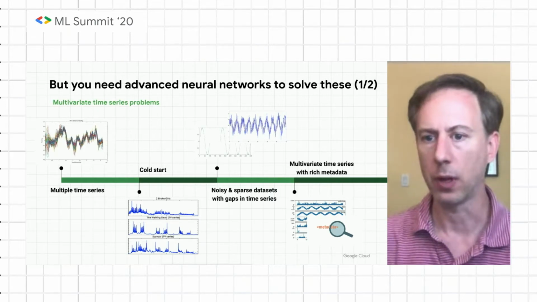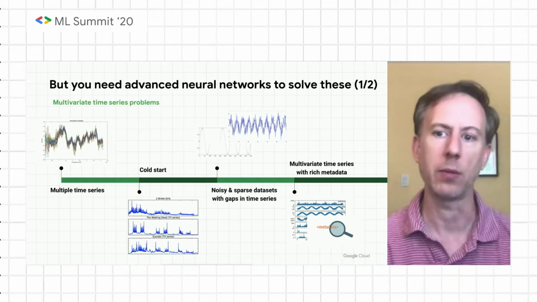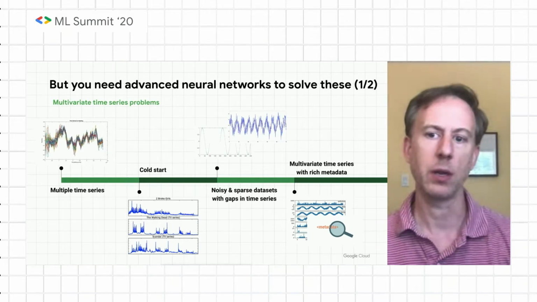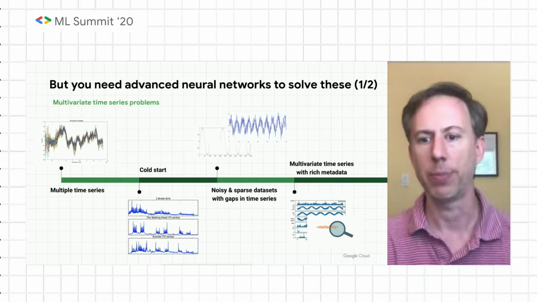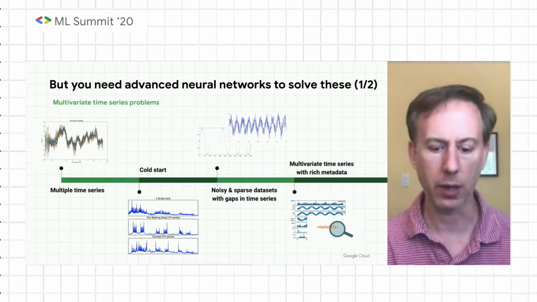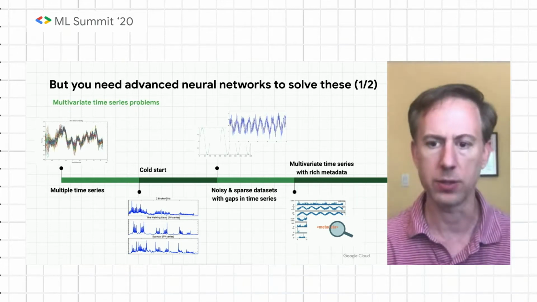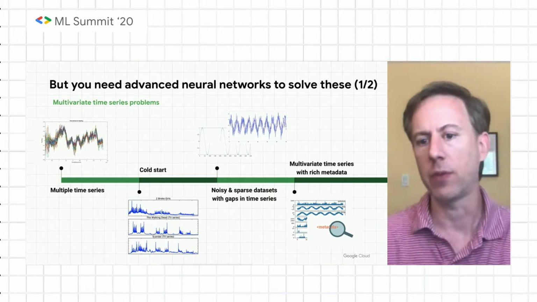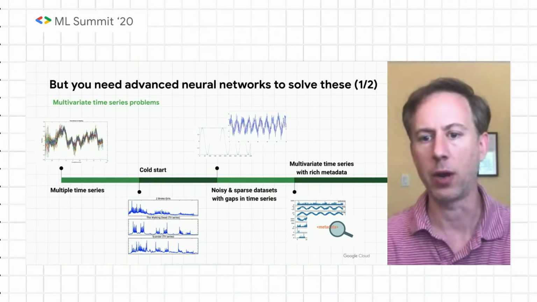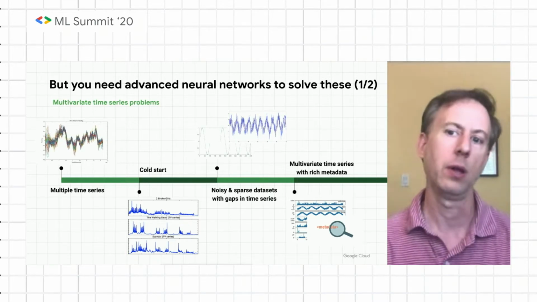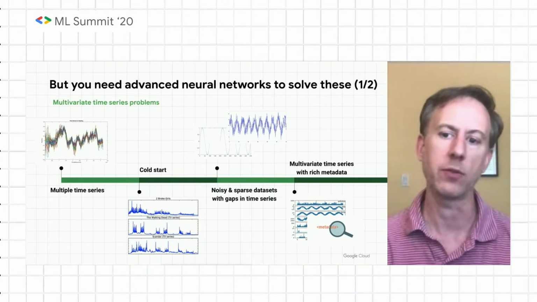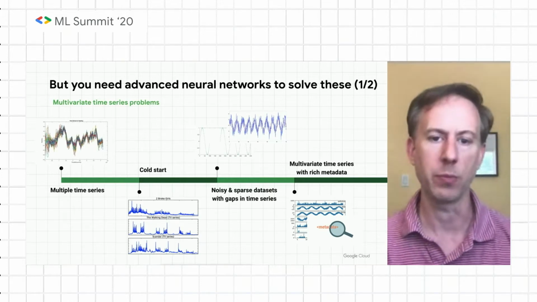And finally, because it can handle multivariate time series, you can also include metadata about whatever you're tracking. For instance, if you're tracking some data point, you might have geolocation data around where that data was collected. It's just something you might want to include in your time series to provide some additional signal when building your model.